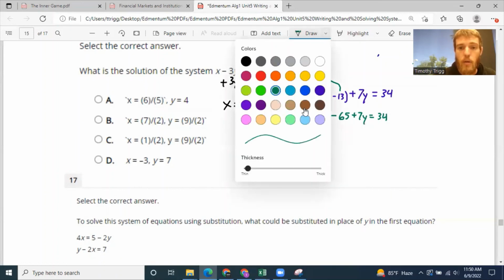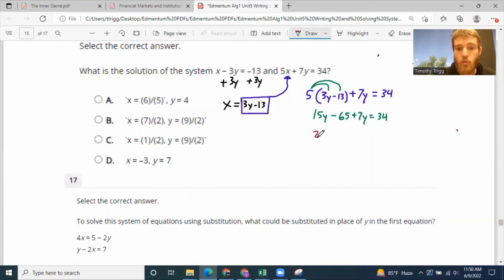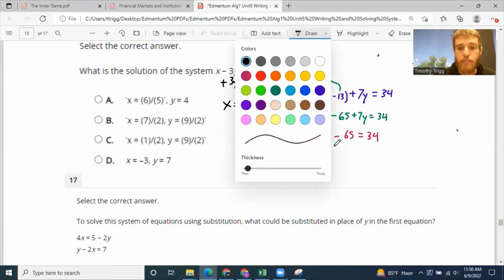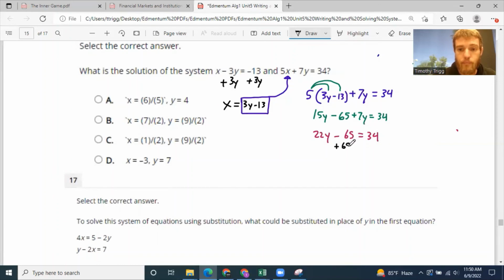Yes, we can combine the 15y with the 7y, giving us 22y minus 65 is 34. Add 65 to both sides of the equation, giving us 22y is 99.